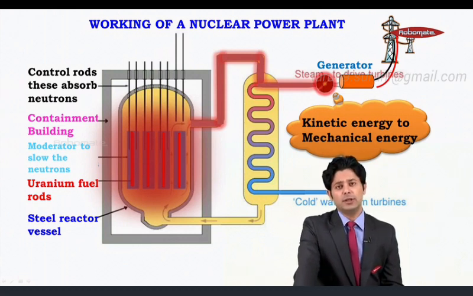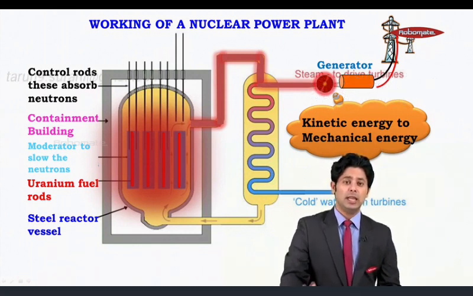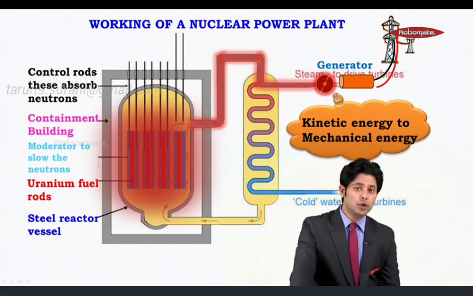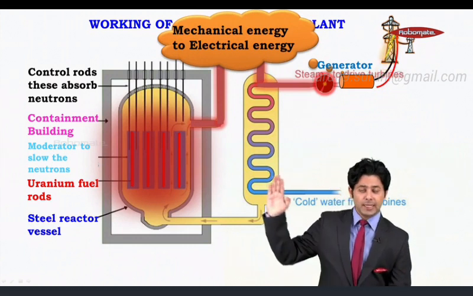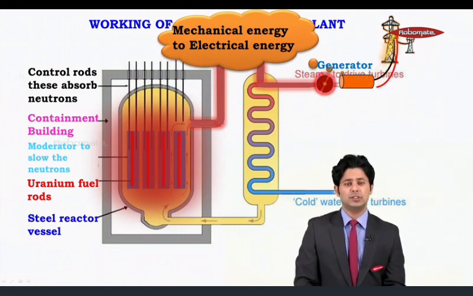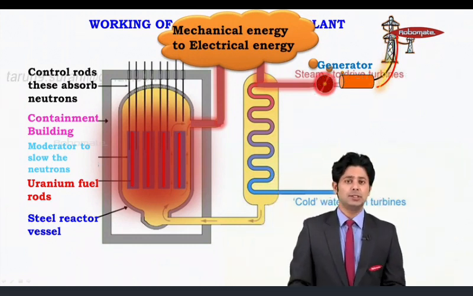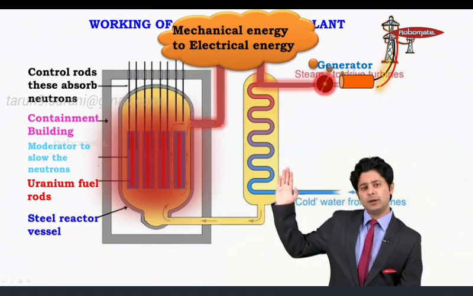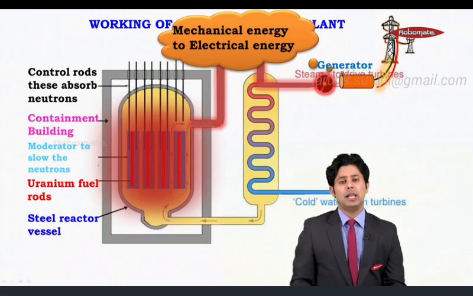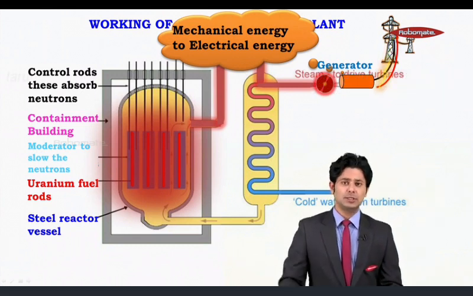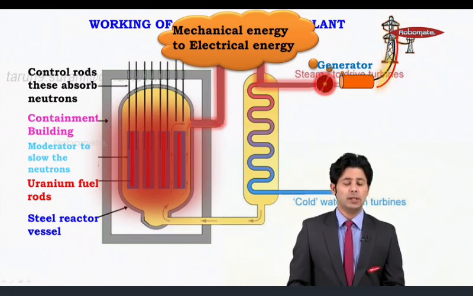The turbine is coupled to a generator, and the function of the generator is to generate electricity. The transformation of energy in the generator is mechanical energy into electrical energy. So this is how the electricity is generated, and the generator is further connected to transmission cables where the electrical power is transmitted for domestic and industrial applications.